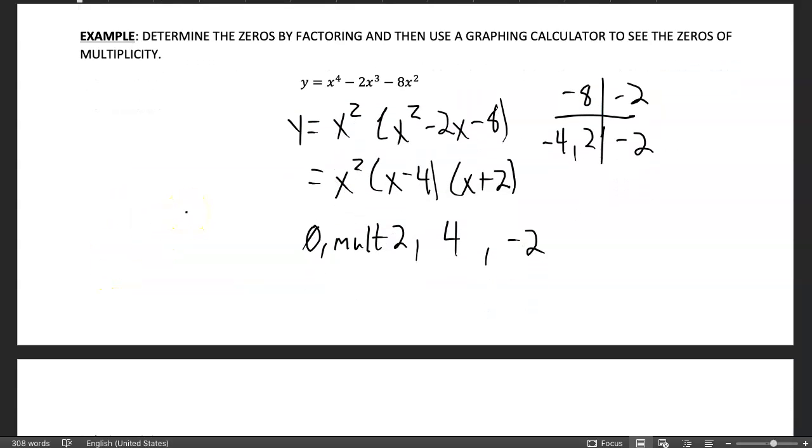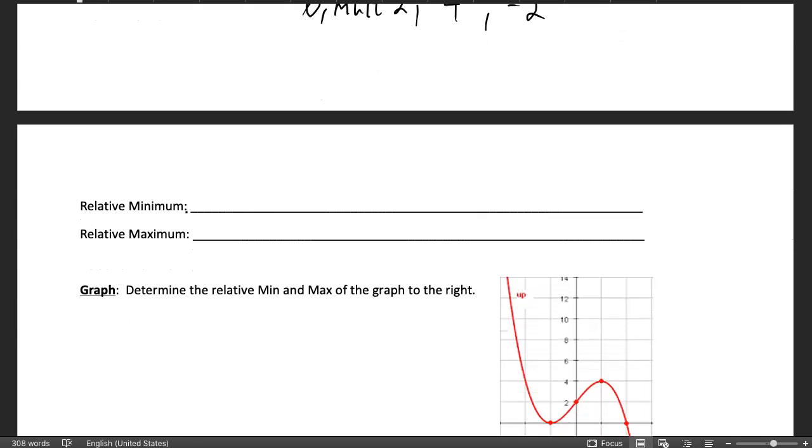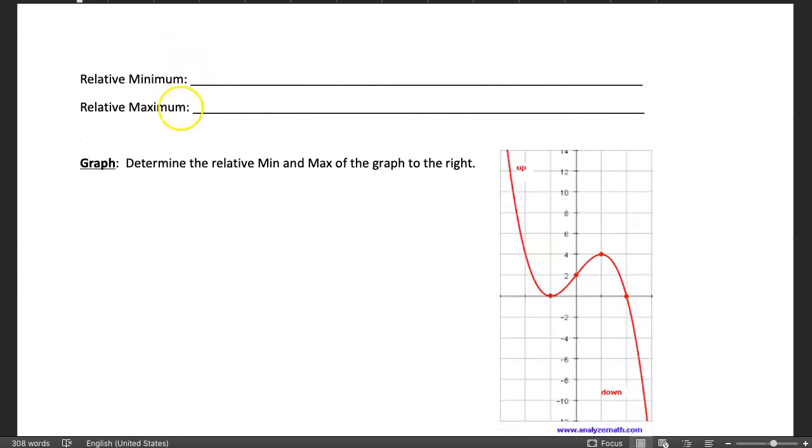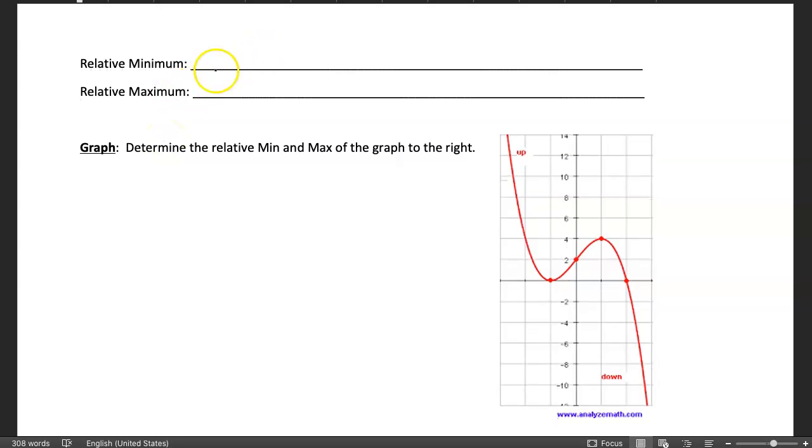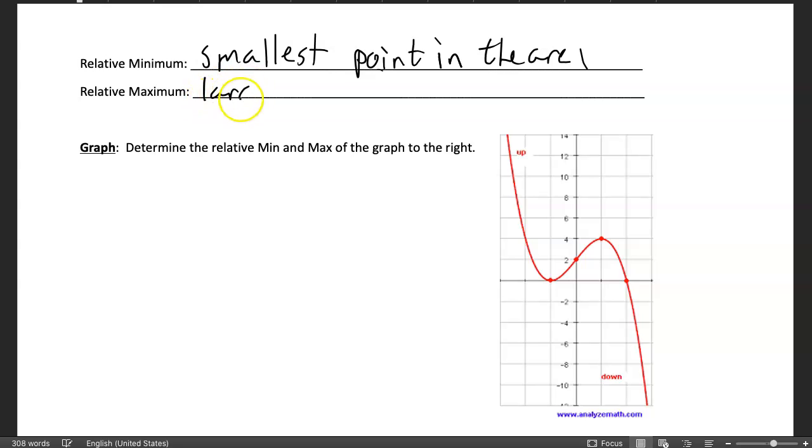Now we just have one more topic today, which is relative maximums and relative minimums. A relative minimum is the smallest point in an area. Well, a relative maximum is the largest point in the area.